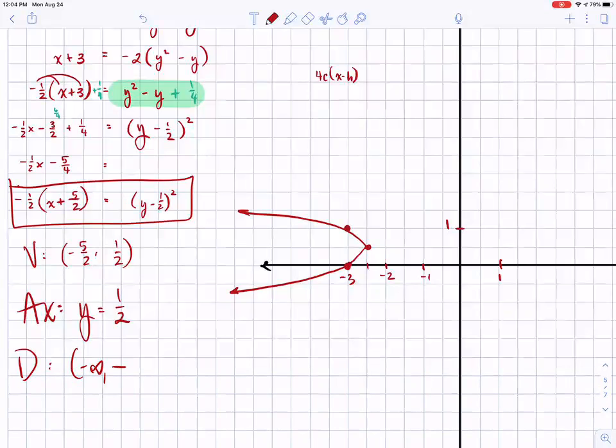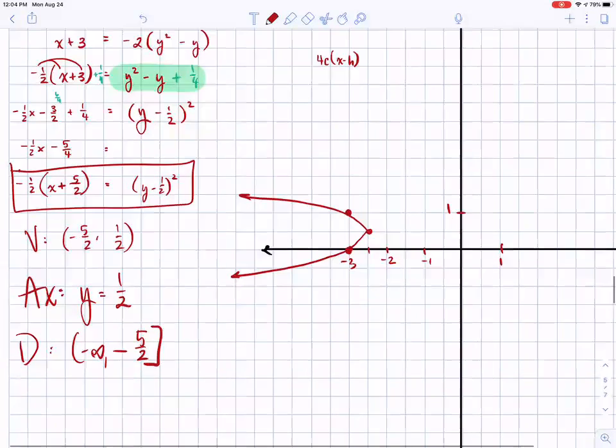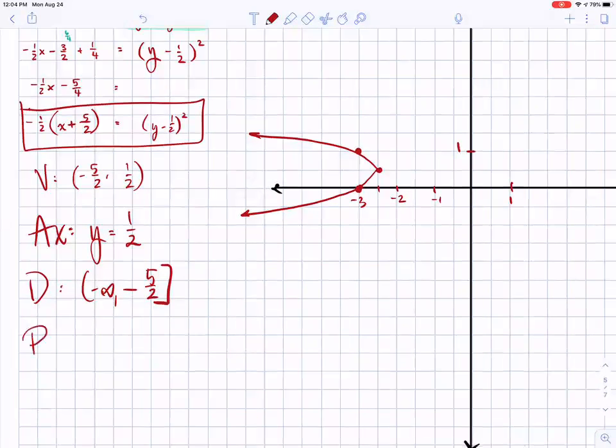Yeah, -5 halves. It's that x piece of my vertex. What's my range? Negative infinity to positive infinity.